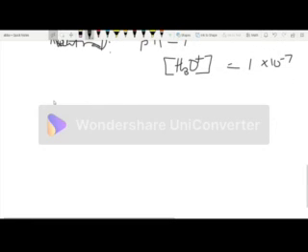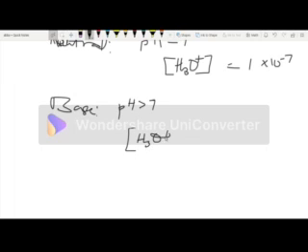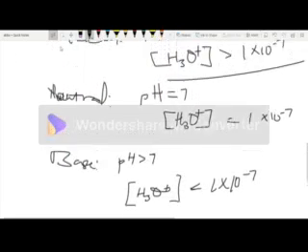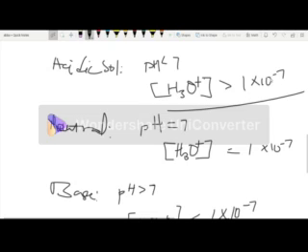Now we have the base. With the base solution, we know that the pH is greater than 7, right? Now the concentration of the hydronium ion in this case, of the solution, is going to be less than 1 times 10 to the negative 7, right? Okay, maybe you may not understand why we said this is greater than 1 times 10 to the negative 7.